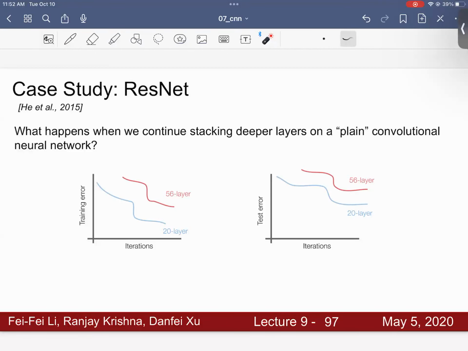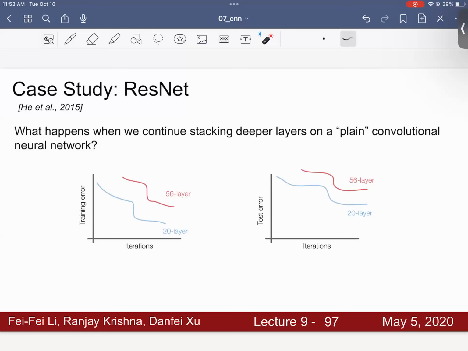If you look at training error and test error at the same time, what's happening is that the deeper model, which has more capacity, is underperforming this one, right? Can you call this overfitting or underfitting, or what's happening here?